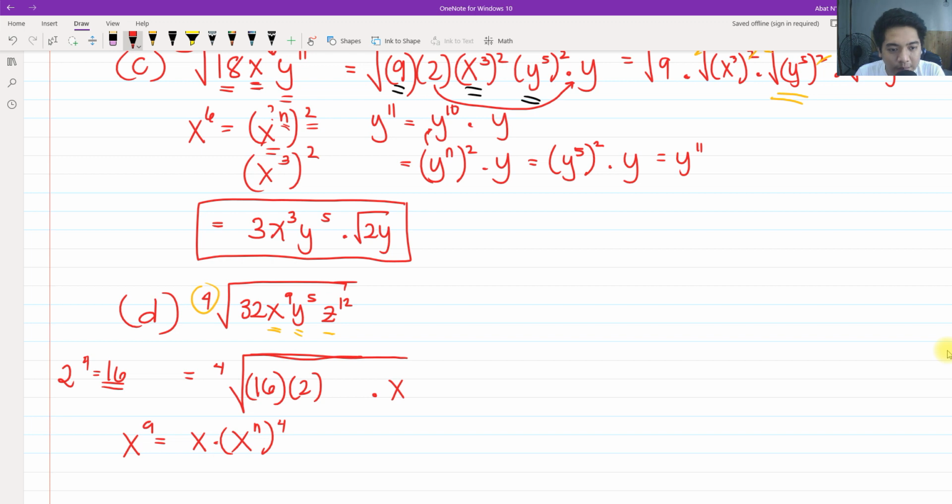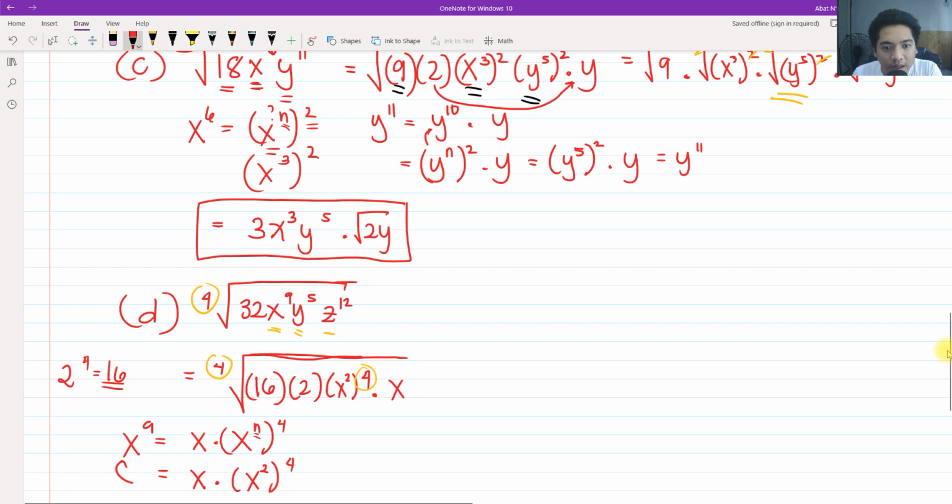What number n would make this equation true? This must be x squared, because x squared raised to 4 is x raised to 8, times x is x raised to 9. So I'm going to rewrite this as x squared raised to 4. The goal is to make sure that the exponent of x is the same as the index so we can easily cancel it out.